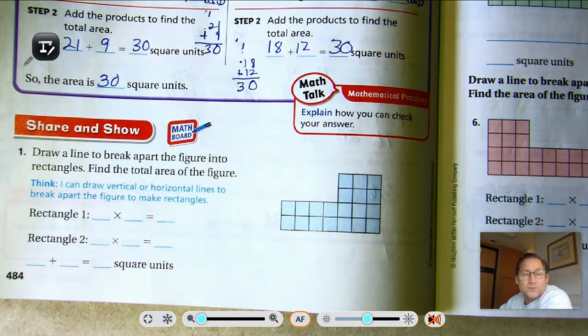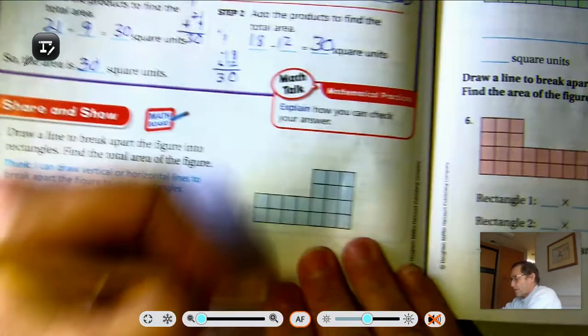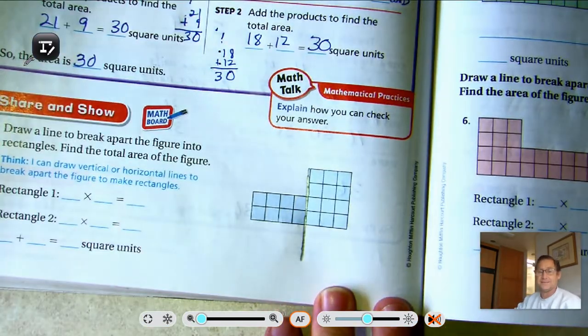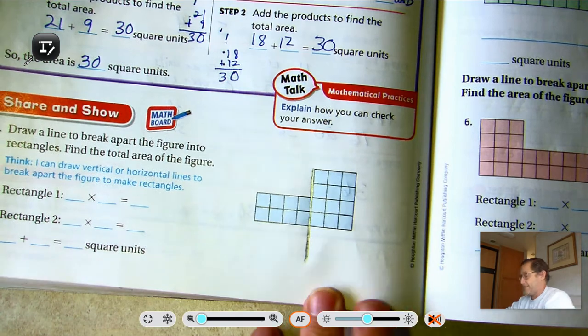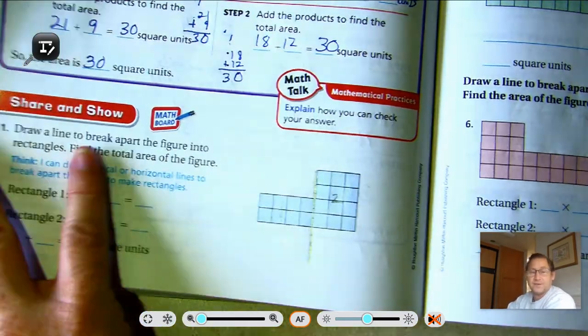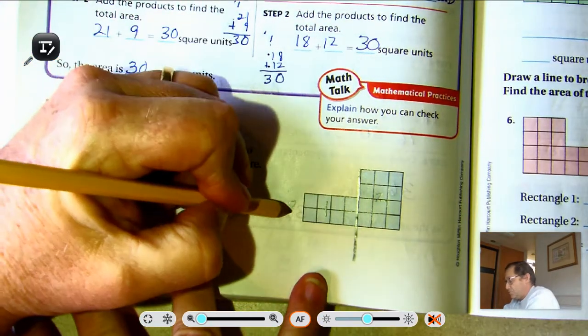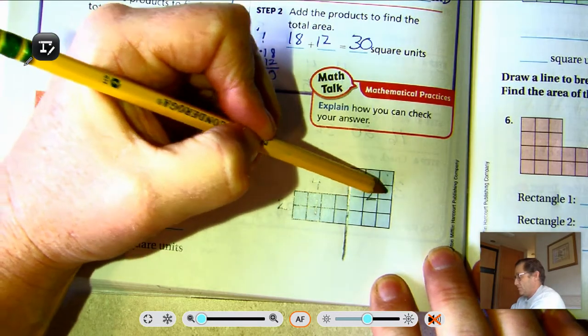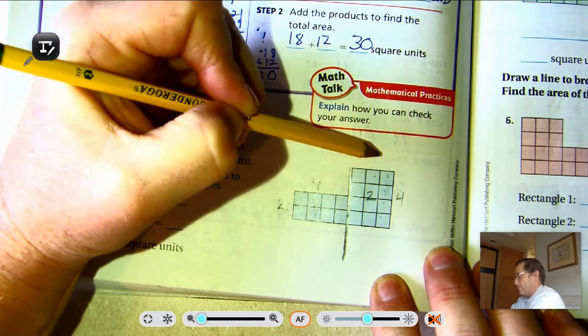All right, rectangle 1. Draw a line to break the figure into rectangles. Find the total area of the figure. So again, remember, there's going to be 2 ways we could do this, okay? I could break it vertically like that. If I called that rectangle 1 and that rectangle 2, it would be a 2 by 4 and a 1, 2, 3, 4 by 3.